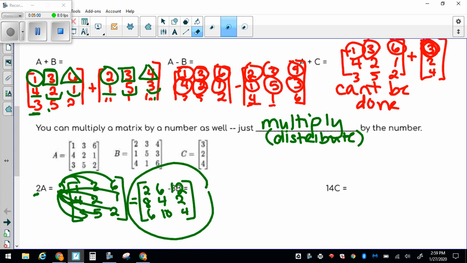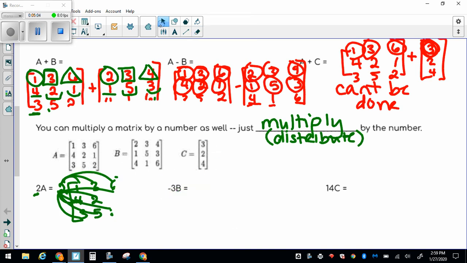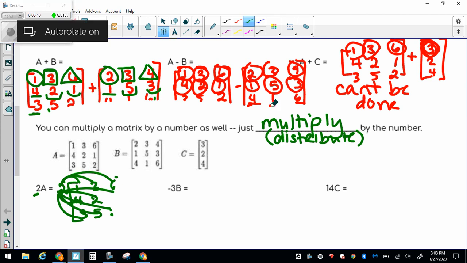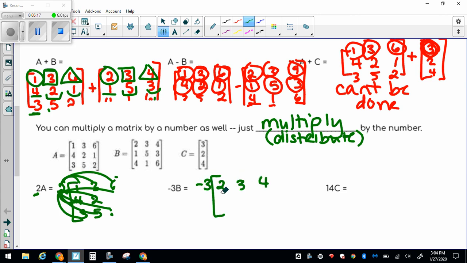I'm going to have to erase this so that I have some room. Negative 3B. When we do the next one, I'm going to take negative 3 and distribute it with all of B. So that's 2, 3, 4, 1, 5, 3, 4, 1, 6.